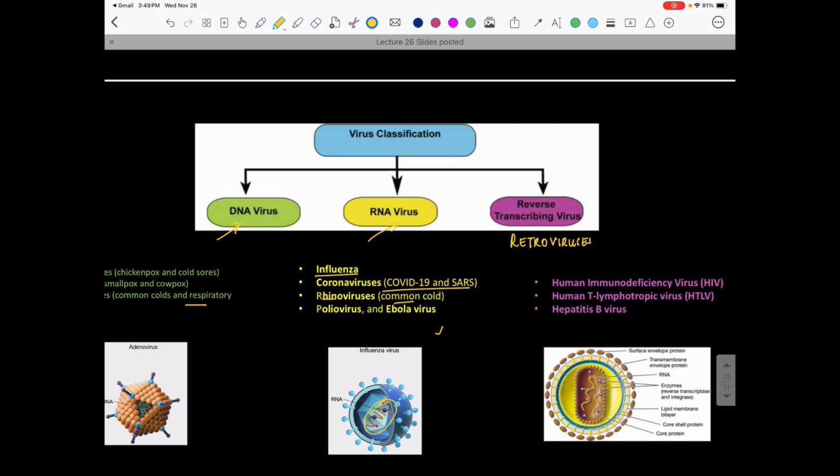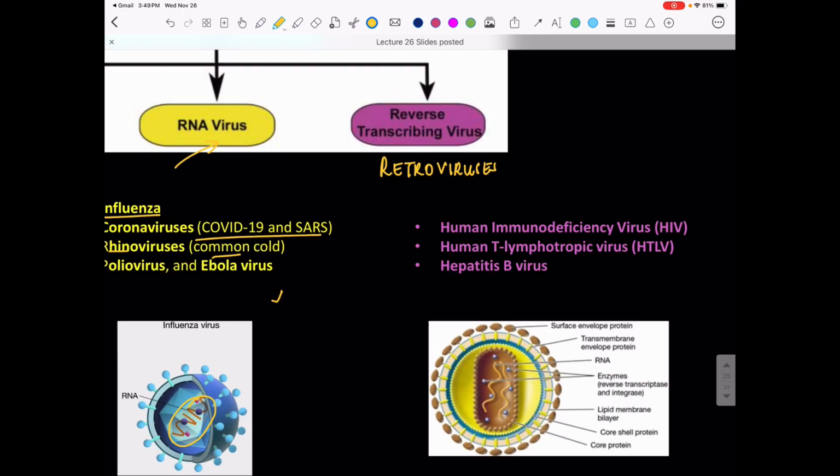The classic example is HIV or even the hepatitis B virus. They contain an RNA genetic material, but in order for them to propagate, they need to be converted into DNA, integrated into the host, and then they can be multiplied inside the host cell.